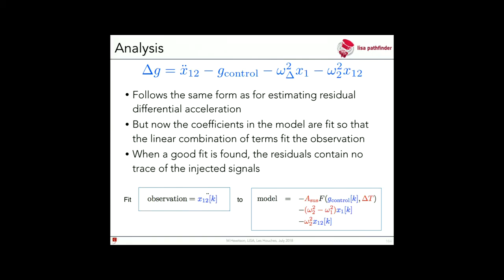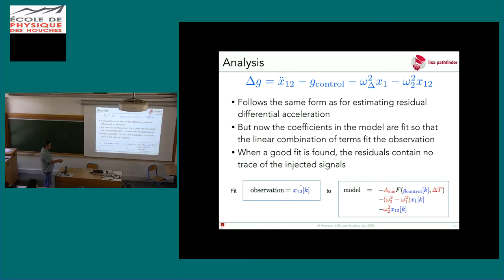And I'll show you how that works. So our observation is the second derivative of the relative motion of the test masses, and our model to explain that motion is these other quantities here, with their associated parameters.